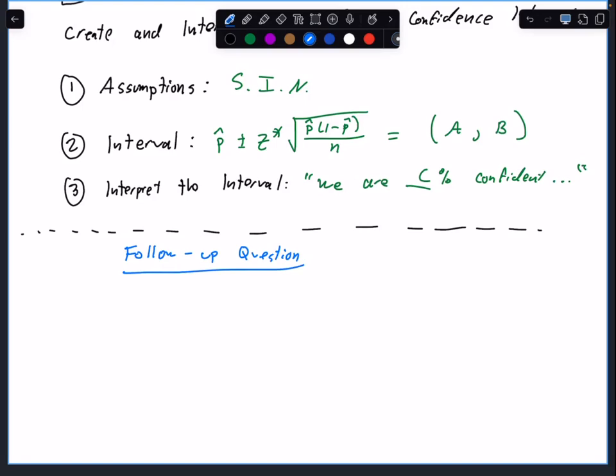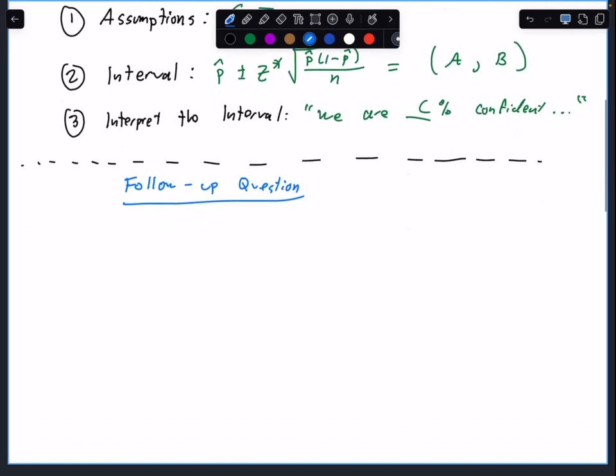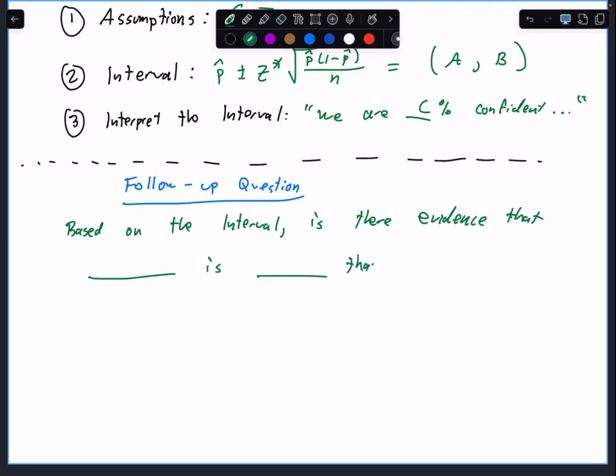What happens in regards to it goes something like, based on the interval, is there evidence that blank is blank, then blank?